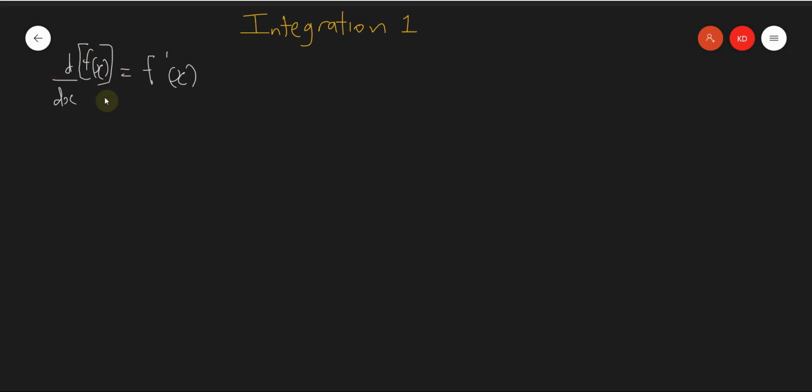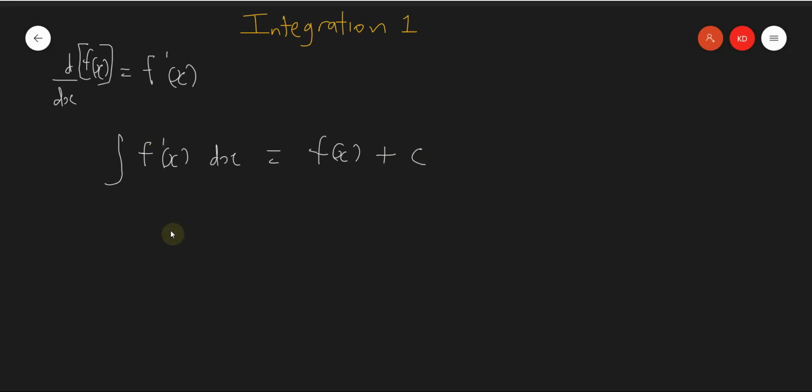Now, if we should integrate f prime of x with respect to x, then simply we'll get f of x. Good. Now, when we integrate, we usually add a constant of integration, and I'll explain why in a bit.